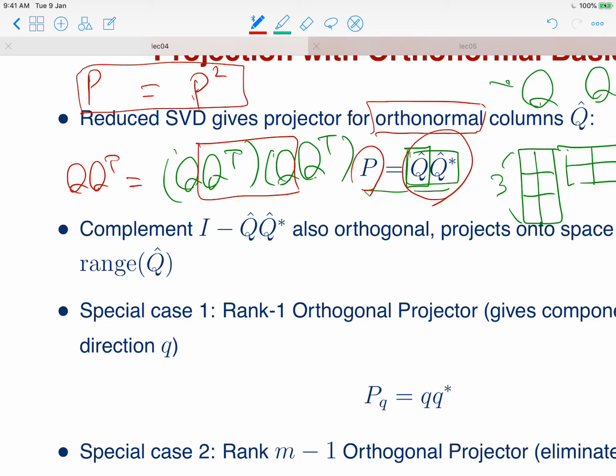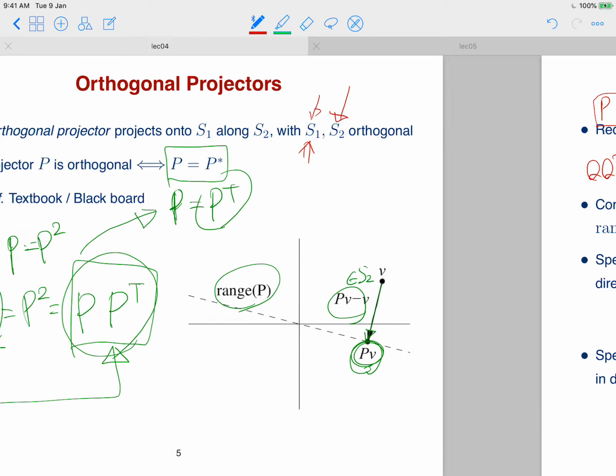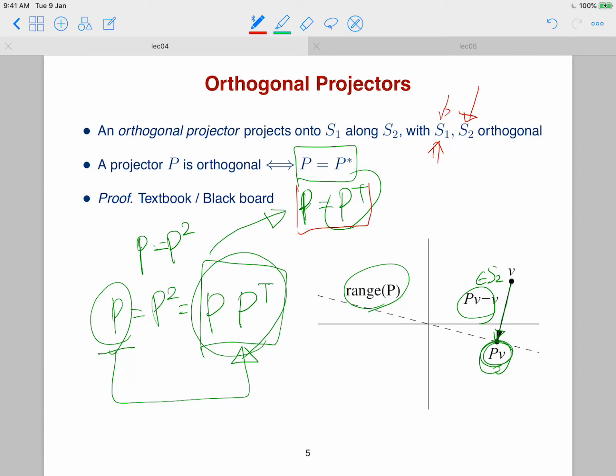We just not only satisfy this, but also we need to satisfy P should be equal to P transpose, right? So even though we proved it, that is the additional condition that we need to satisfy for this orthogonal projector.